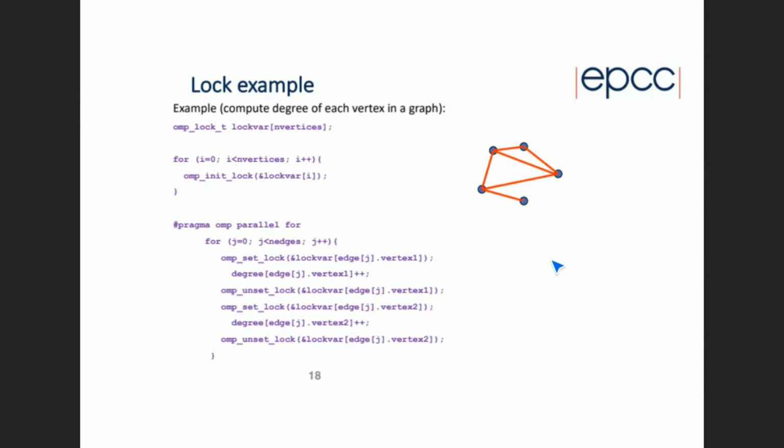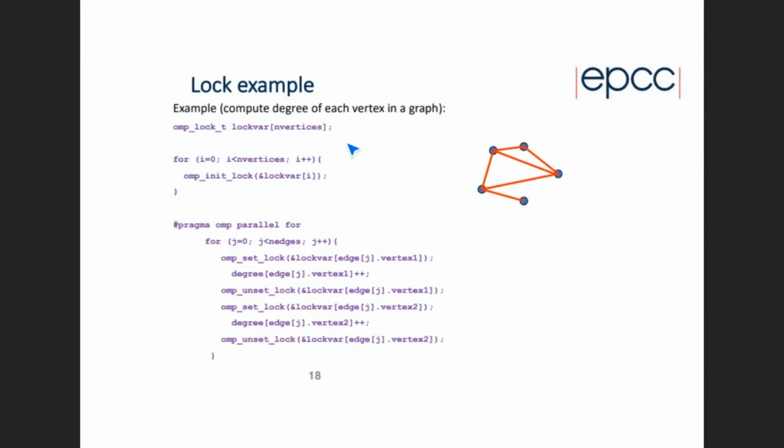But there are cases where you can't use atomic because you're trying to update something that isn't a basic type in the language. That's where you might want to use an array of locks instead.